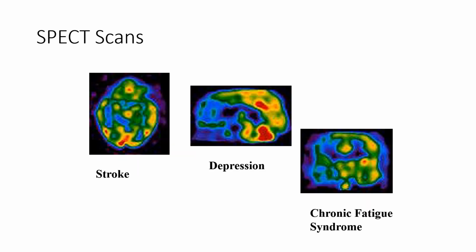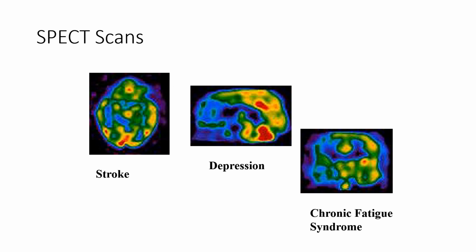These are just some SPECT scans that I saw as I was researching this a little bit. This is a stroke, so you can see that the dark areas are parts of the brain that are not working well. Look at this depression scan, I think that's a side view of the brain, and the whole frontal area doesn't have a lot of activity.